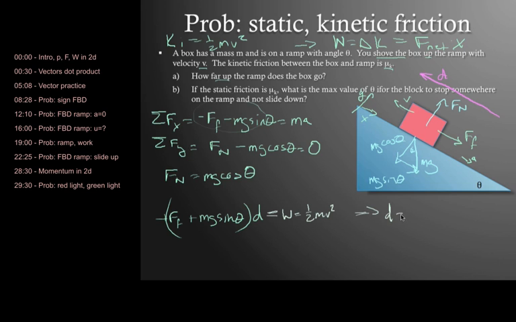When I solve for d, I get 1/2 mv squared all over the force of friction plus mg sine theta. Friction is equal to mu times Fn, so I can stick this in: mu times Fn, which is mg cosine theta, plus mg sine theta. And this is how far the block goes up the ramp.